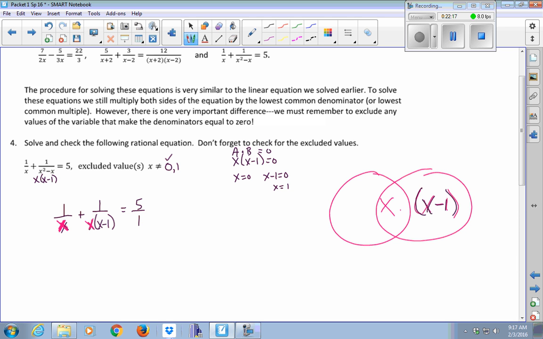X times X minus 1 is a multiple of X, and it's its own multiple. 2 is its own multiple, because you multiply 2 by 1, you get 2. So now this is the part that's different for you. Instead of changing everything to have this in the denominator, you multiply each and every one of these fractions by the LCM, X times X minus 1.